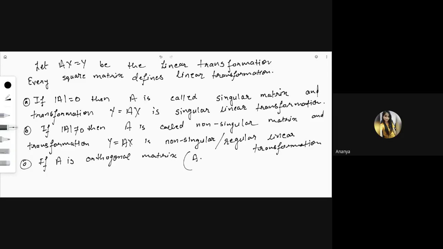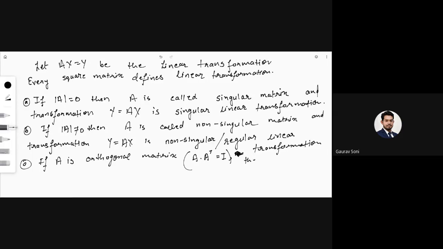A into A transpose is equal to the identity matrix. Yes. Some people also say that A transpose is equal to A inverse. Okay.